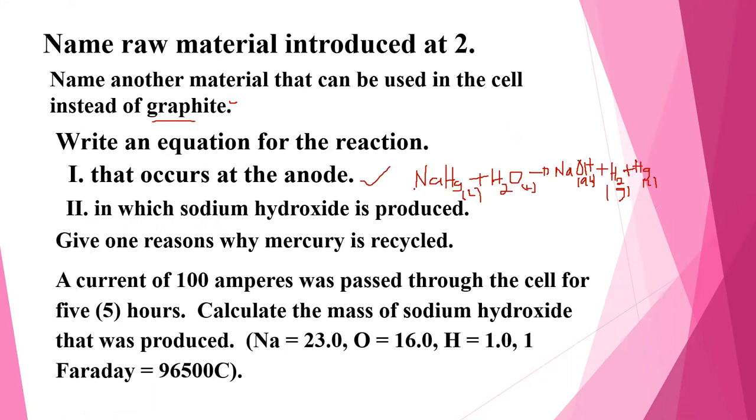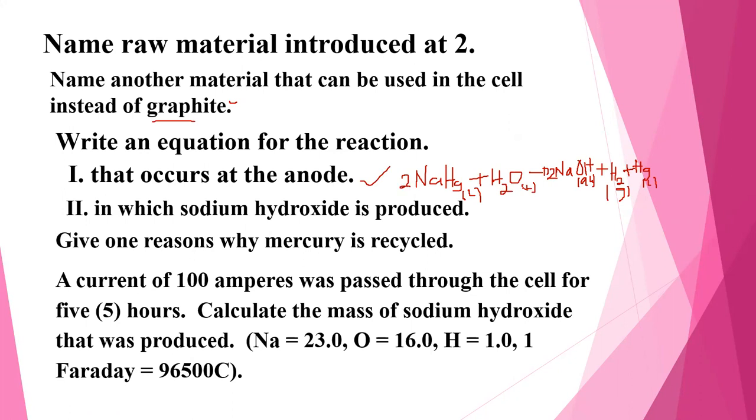Then we can balance. We have one sodium, one mercury, two hydrogen. So we can write two here, so we'll have 4 hydrogen. Then we write two here.